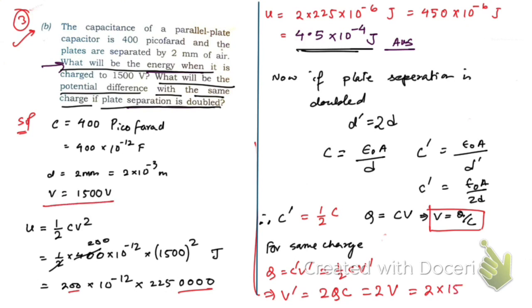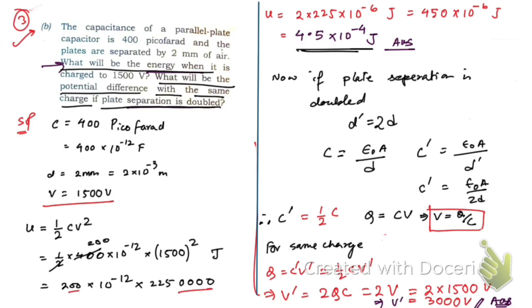If you put 1500 volt here, then it's going to be equal to 3000 volt, right? So this is going to be the answer. If charge is the same and separation is doubled, then the potential difference V dash is going to be 2 times V. So hope you have understood this. Now let's move on to the next part.